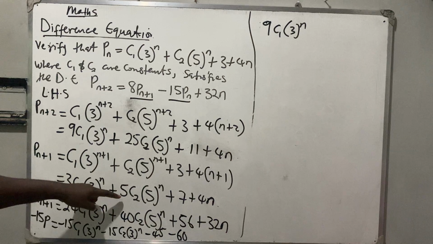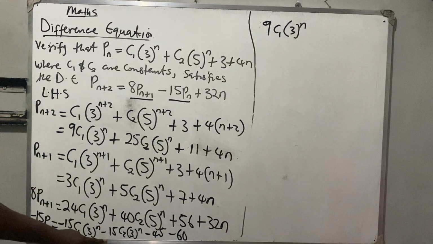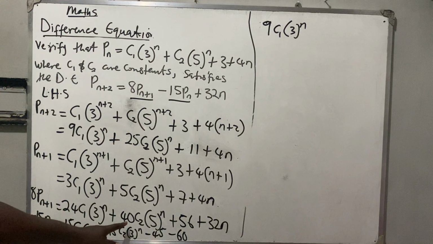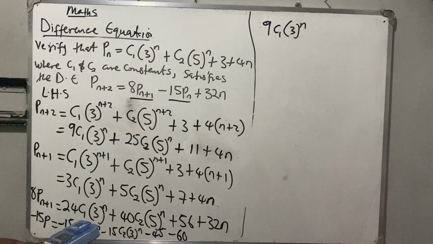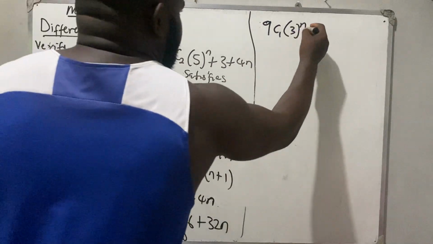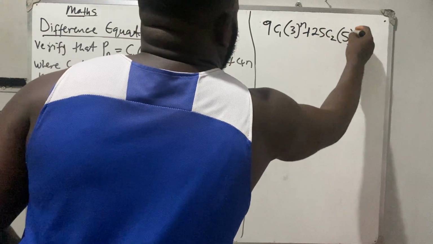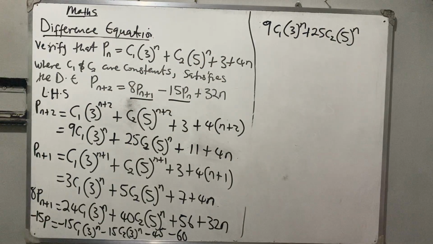All the c2 is 40 minus 15 to give you 25. So I'm having plus 25c2, then 5 raised to power n. Okay, so let's go to the one that has a number.